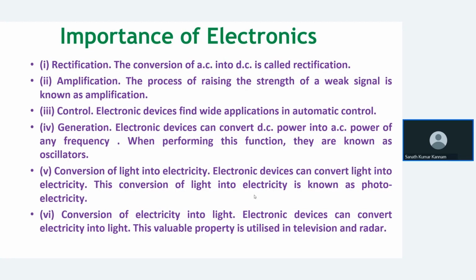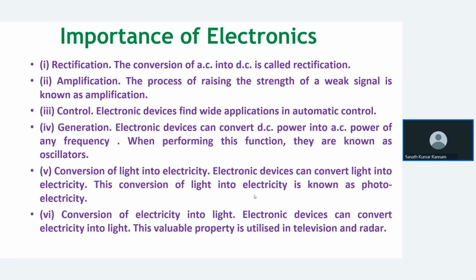Where do you use these applications of electronics? Rectification. Rectification is the conversion of AC to DC. Like in power supplies, to convert an AC signal into a DC signal, you give it to a step down transformer, and after that use a half-wave rectifier, full-wave rectifier, or bridge rectifier.